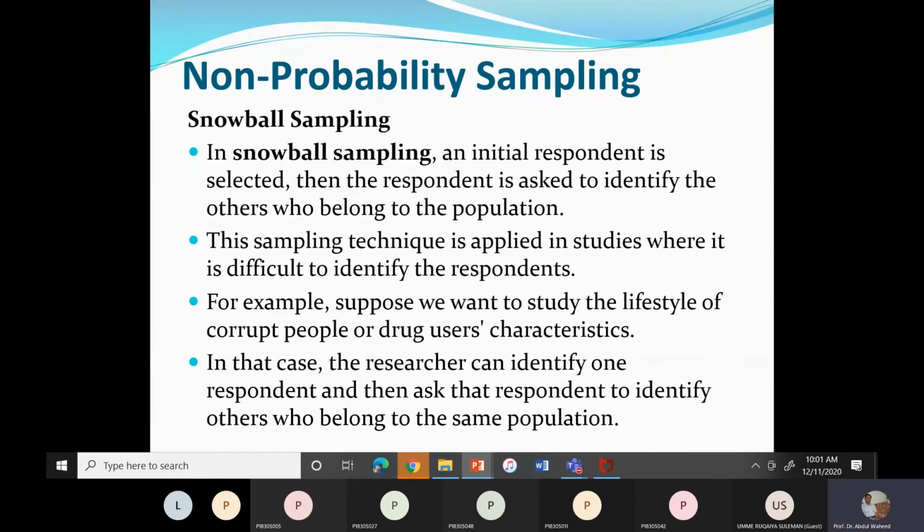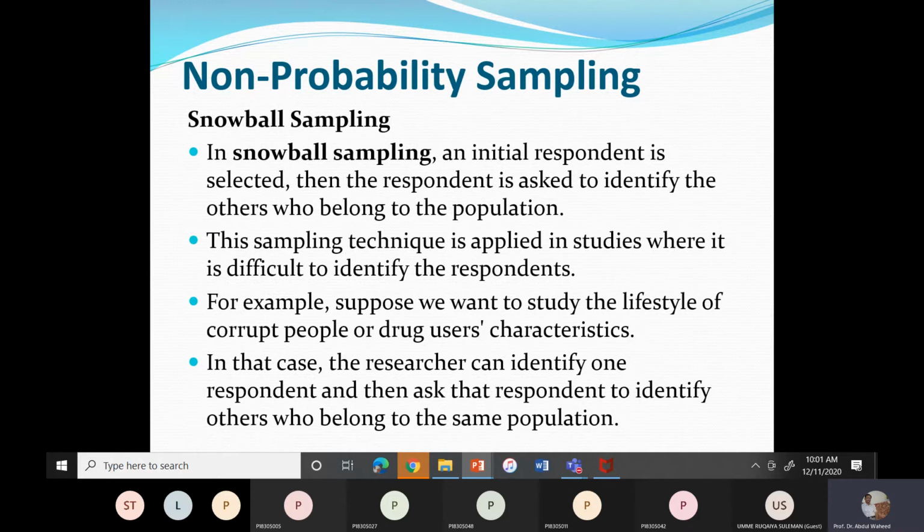Then in non-probability sampling techniques, we have snowball sampling. In snowball sampling, an initial respondent is first selected. Then from this respondent, we get information about other sample units that belong to that population.